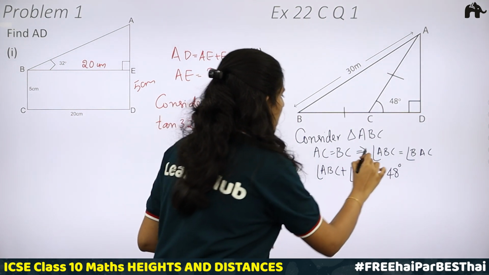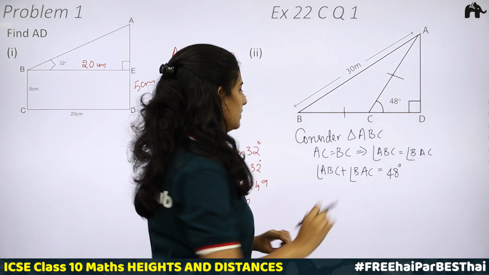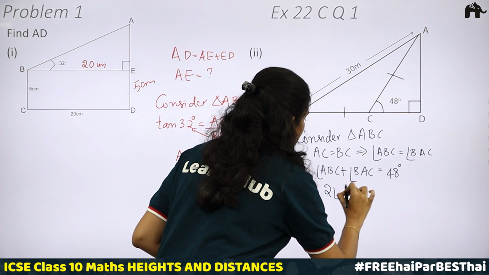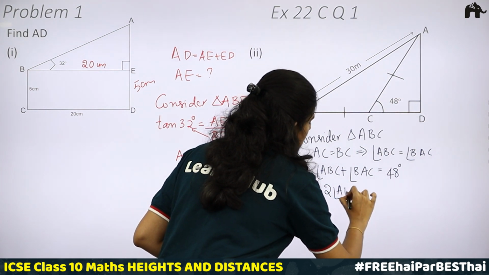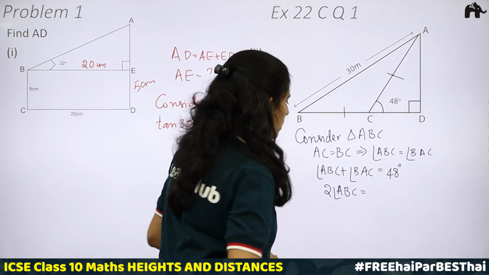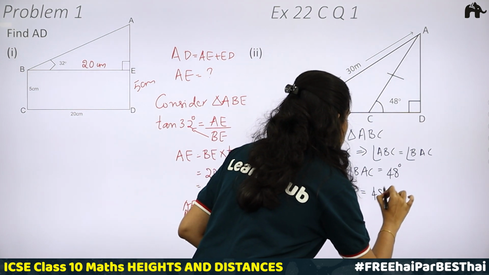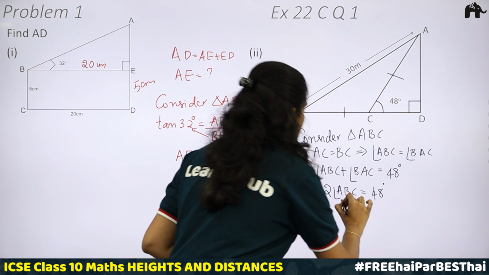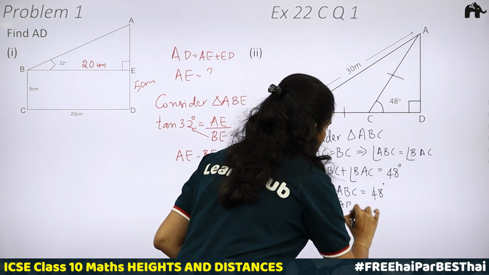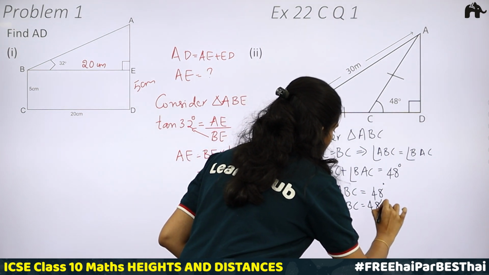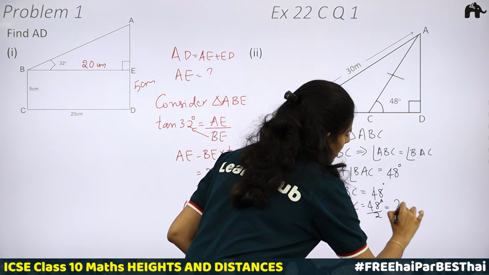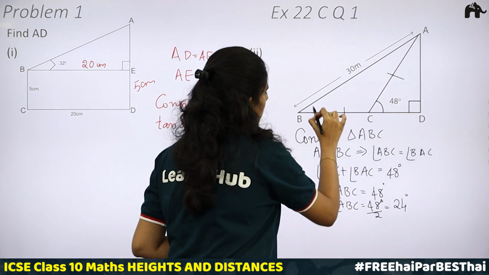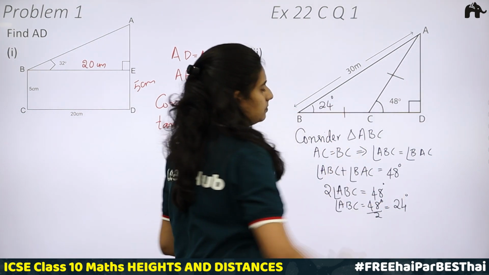Also we have ABC and BAC are equal. Then we can write 2 times angle ABC is equal to 48 degrees. Why? Because BAC is equal to ABC. Then angle ABC will be 48 degree divided by 2 and that is 24 degrees. We got this angle 24 degree.